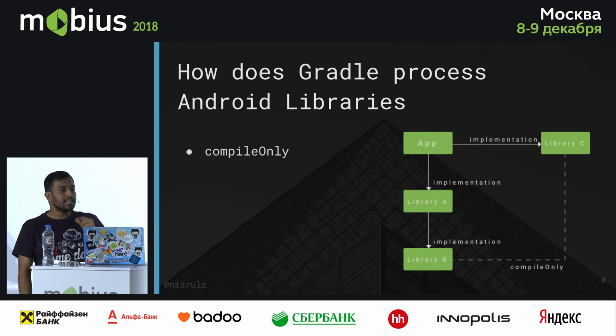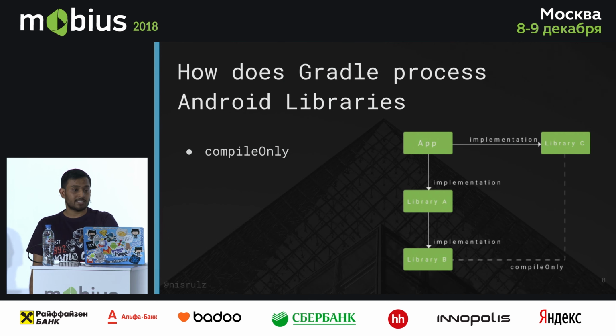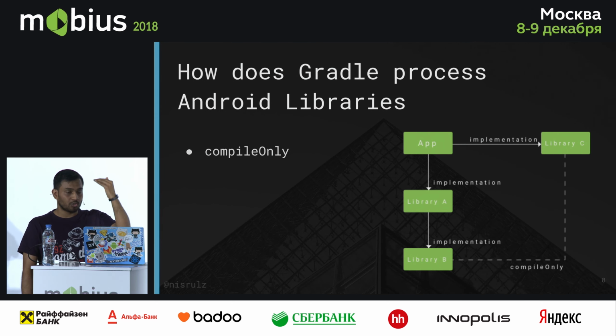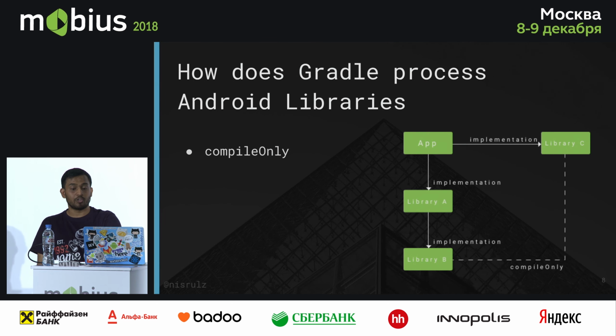Library B has another dependency on library C, but with a keyword called compileOnly. So what this means is that when Gradle is going to be running through or trying to download all these dependencies, it will not go and download library C because of library B. What library B is asking you right now is that it needs to have library C compiled prior to it going on to download its own dependency.